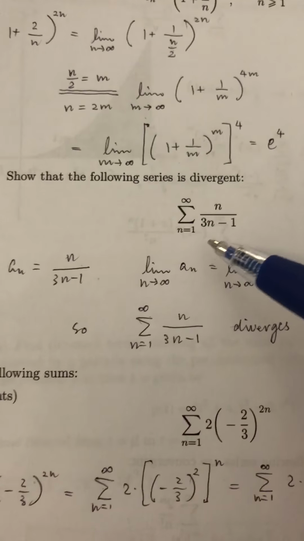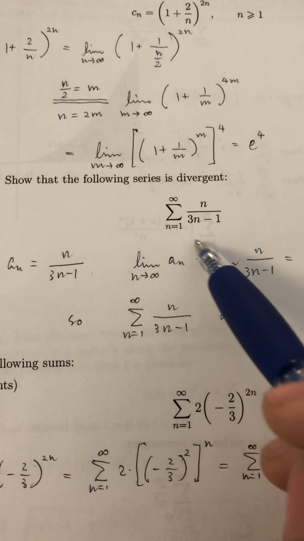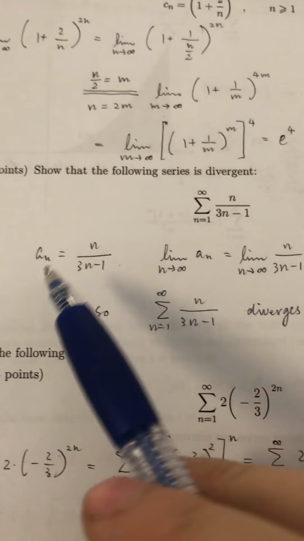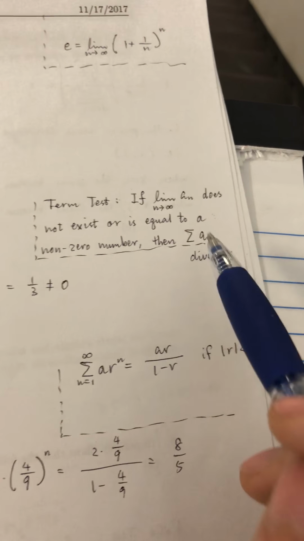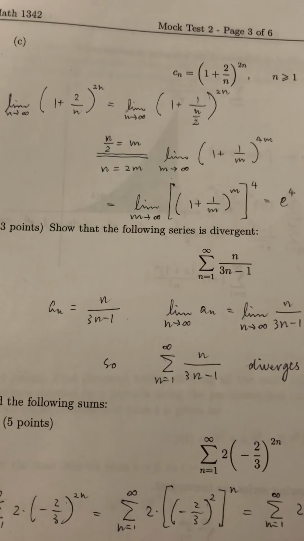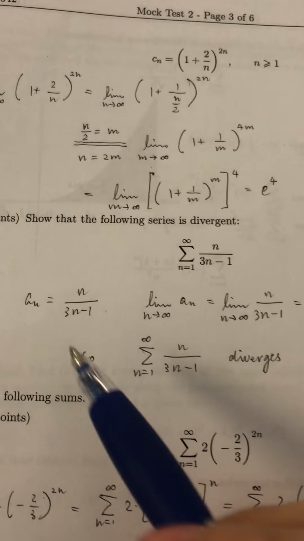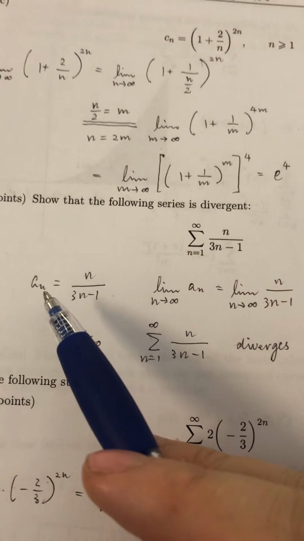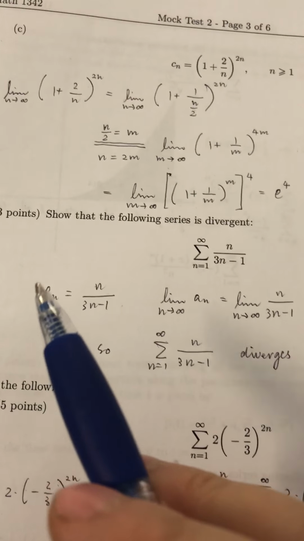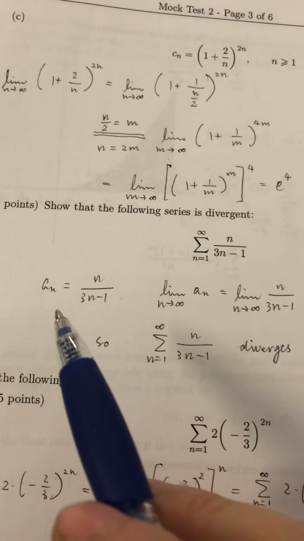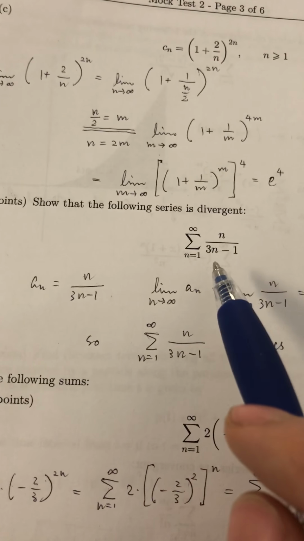Now check this one. The general term is n over 3n minus 1. That's what we have for a_n. Remember, the notation a_n at different places has different meaning. In this case, a_n is just a general term.